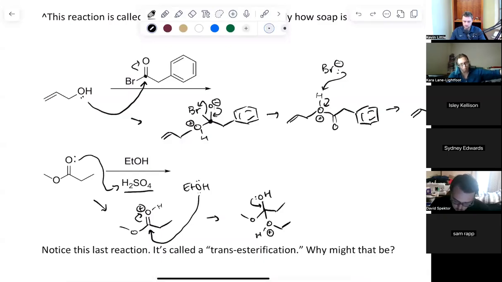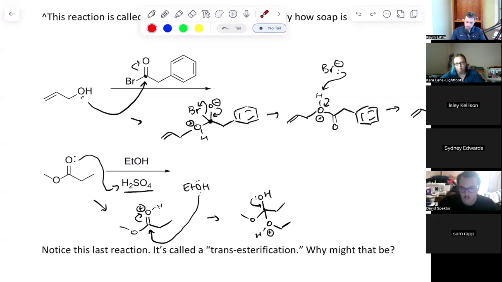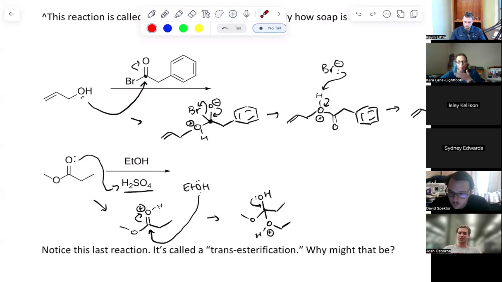Why? Why would this over here be a better leaving group than this? Why would I be more likely to kick off this oxygen than I would be to kick off this oxygen? Because of the positive charge, which makes it a leaving group. Because it's got a positive charge, right?